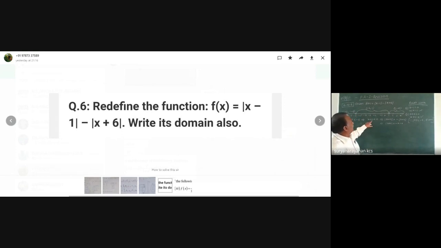Similarly, here x plus 6 is less than this number. So here mod x minus 1, it is a positive number. Yes or no? All the real numbers we have taken from this interval. See here, x minus 1.